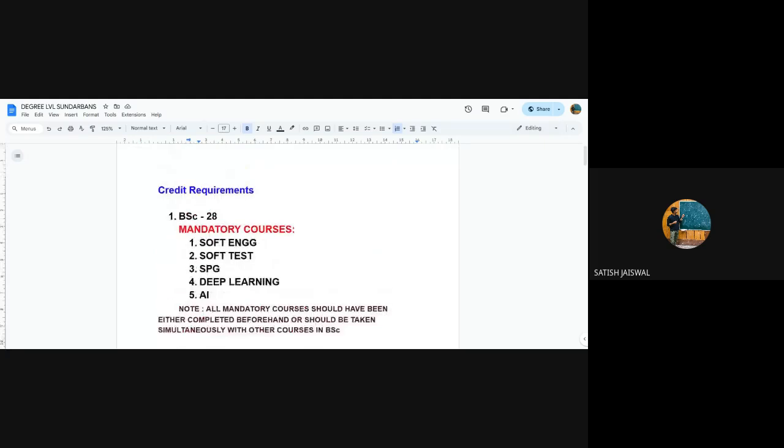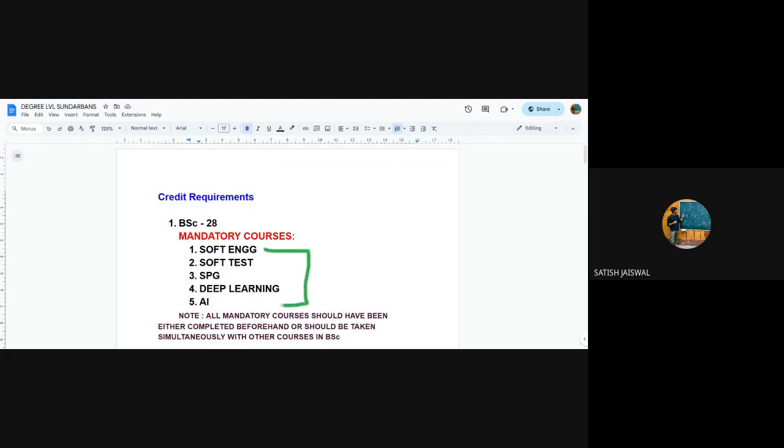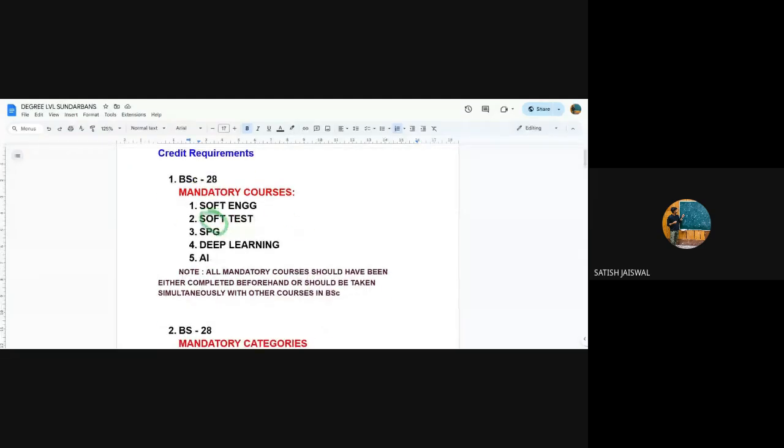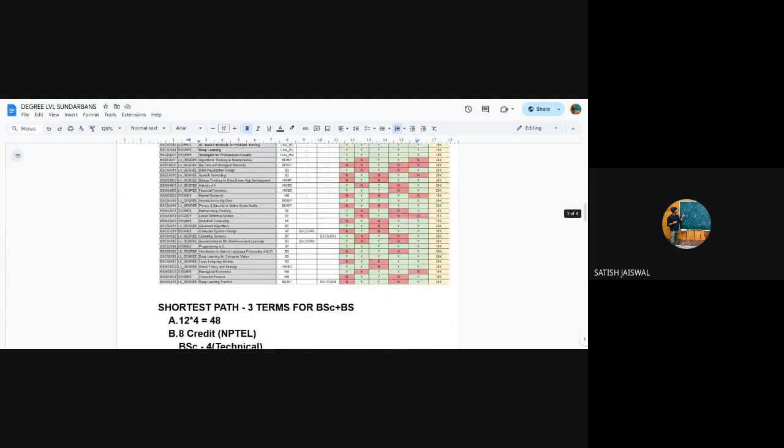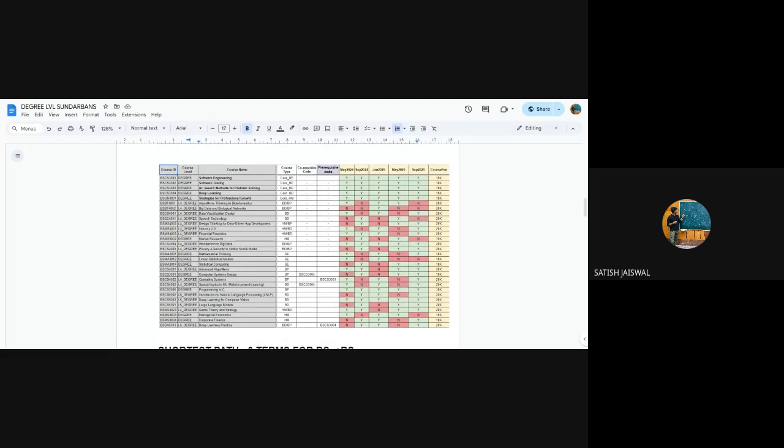If you focus here, we have 5 courses of 4 credits each, right? So that will give you 20 credits in the BSc level. So we have 8 credits left, and there is no restriction on these 8 credits. You can do these 8 credits from this list. Any course can be taken. There are no specifications for taking these 8 credits.